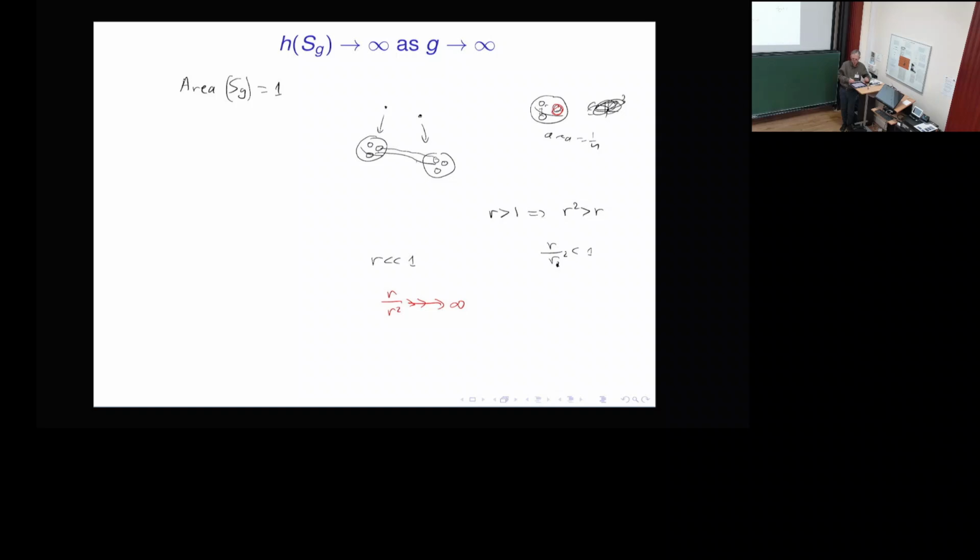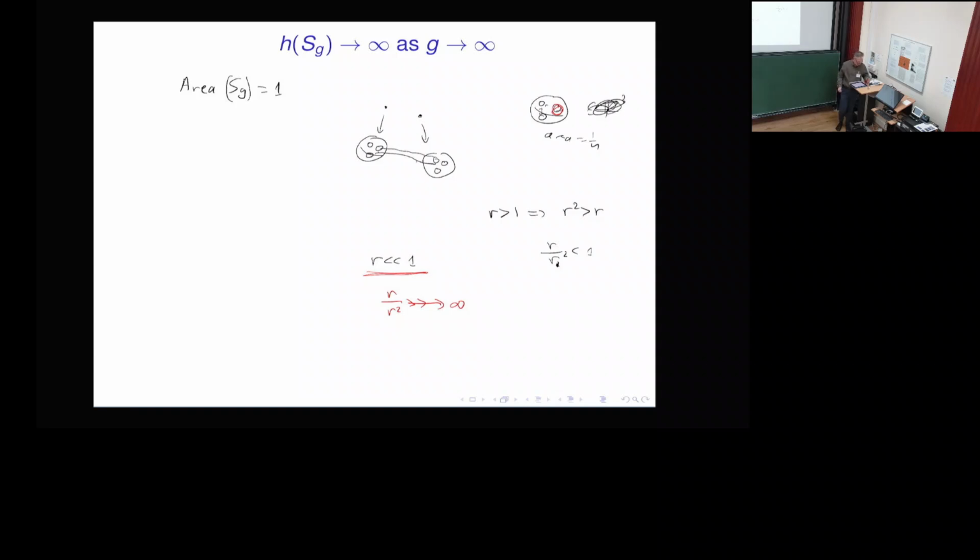So one way to bound the Ziegler constant would be to focus on one of these spheres. If these spheres were big, I could cut a big piece and so on, but since these spheres are tiny, the area is much smaller than a curve that bounds something there.